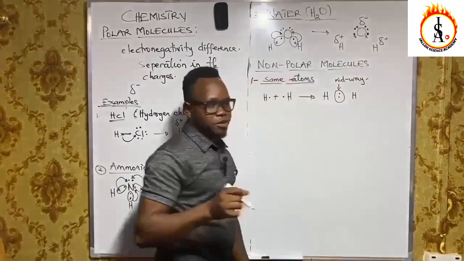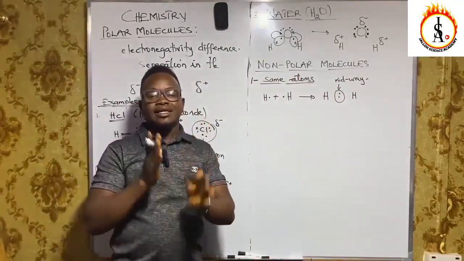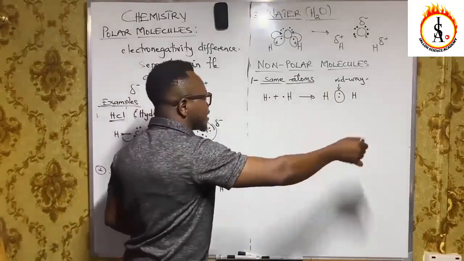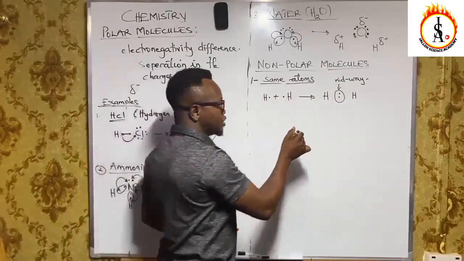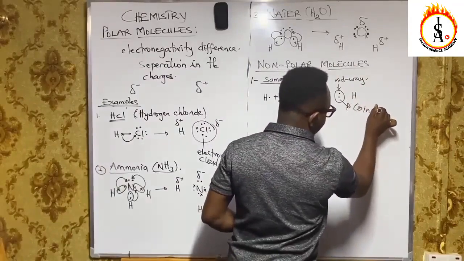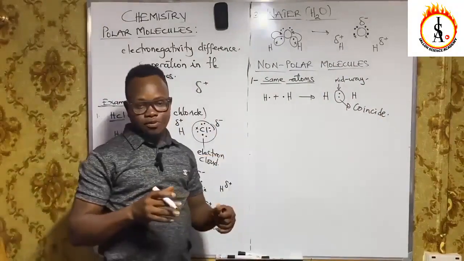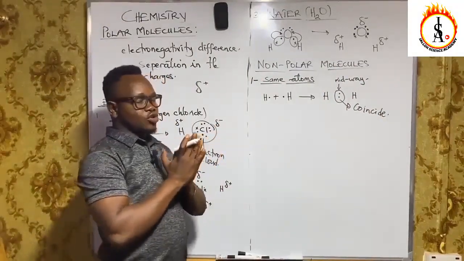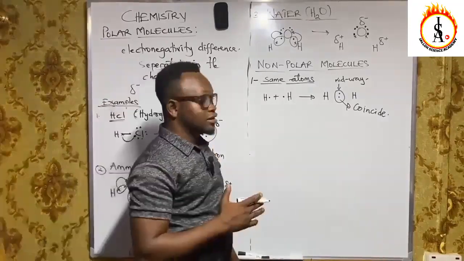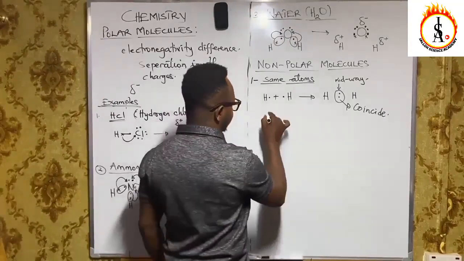It lies midway the species, meaning it will not be tilted to any of the atoms because their electronegativities are the same. So in this situation, we say the center of positive charge and the center of negative charge are going to coincide. This is where they coincide. Coinciding at this point brings about the electron being placed midway, and that brings about the species being electrically symmetrical.